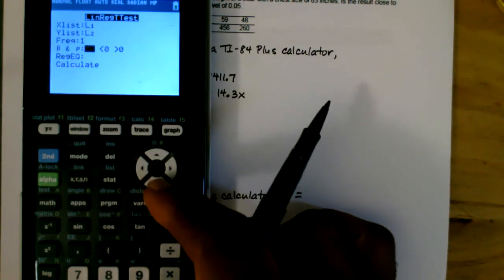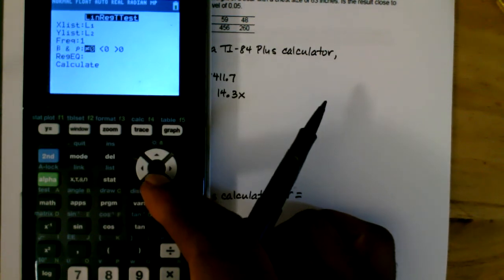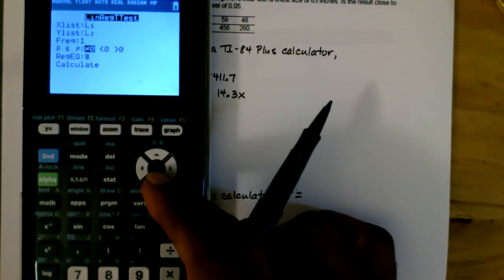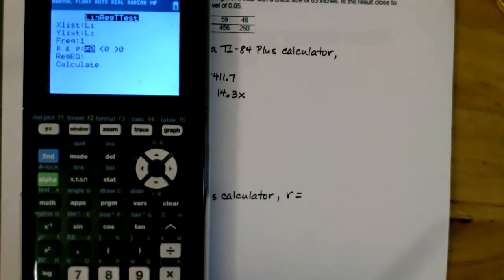Frequency is still going to be 1. Not equal to 0 is always going to be highlighted because our alternative hypothesis says that rho is not equal to 0. Then we calculate. Press enter.